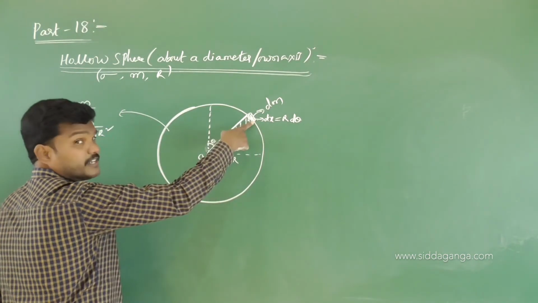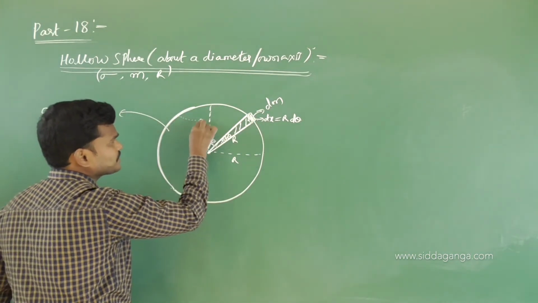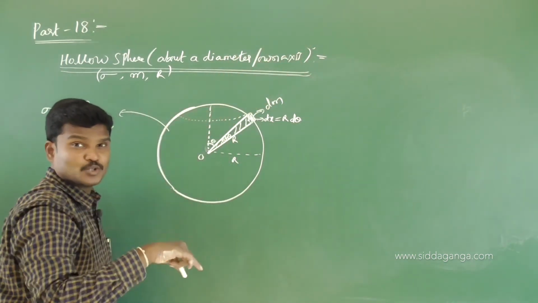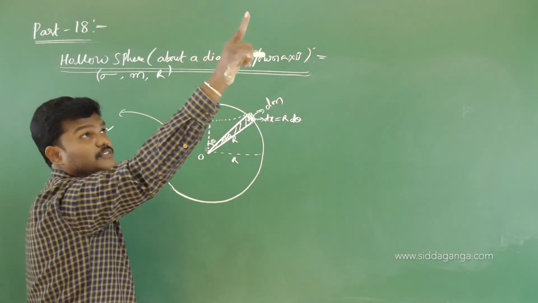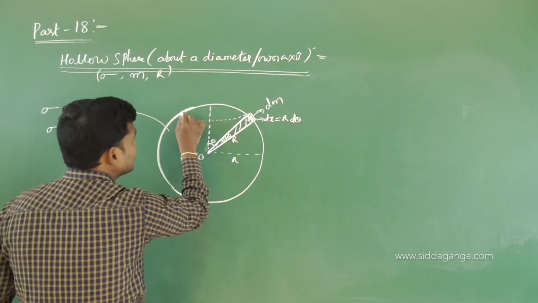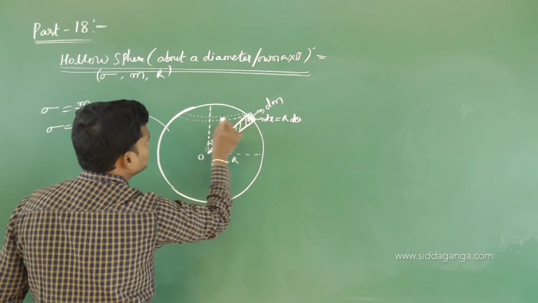And if this part is taken, from the top view it looks like this. If you take a small part inside the globe and just rotate it around, it is like one circular ring. So the ring looks like this from the top view.